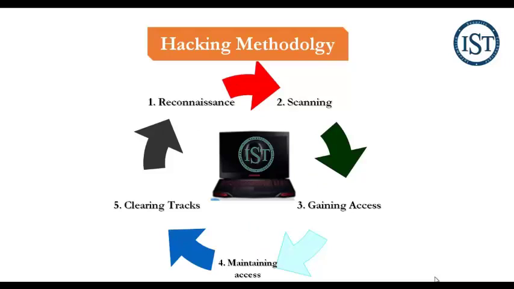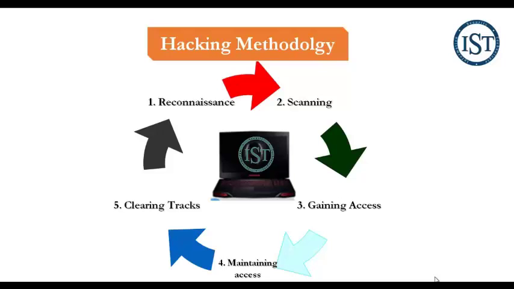Reconnaissance is the first step in which we will try to gather all the possible information about the target that we are going to attack. And this reconnaissance is a passive information gathering technique, because the attacker will not directly touch or scan the target. He will try to gather the information right from the available resources, like publicly available resources like the internet.